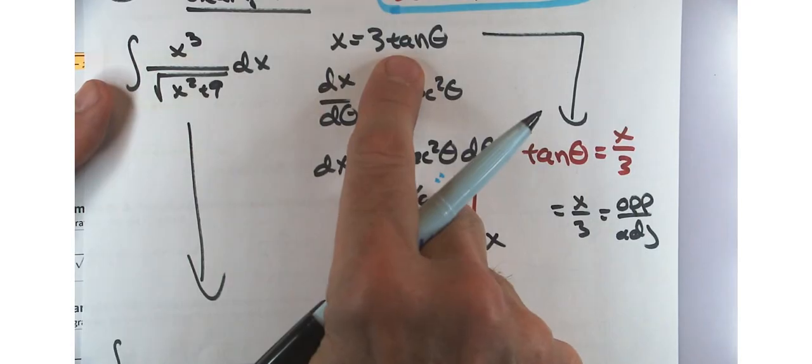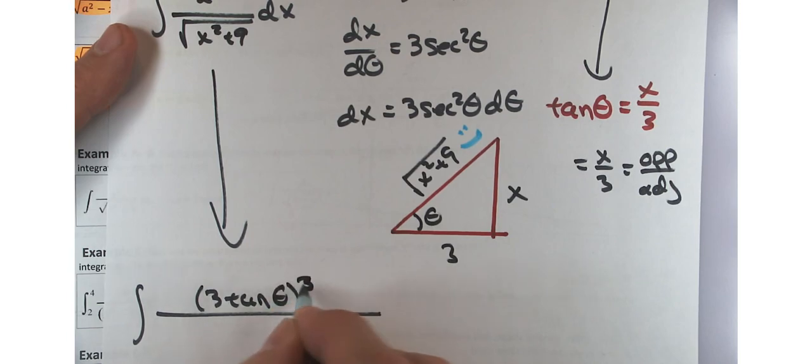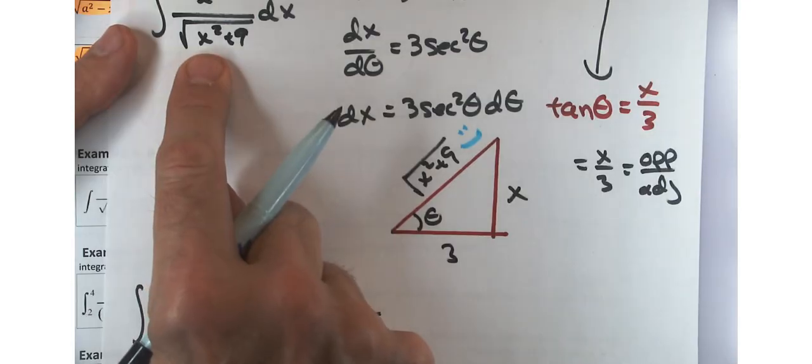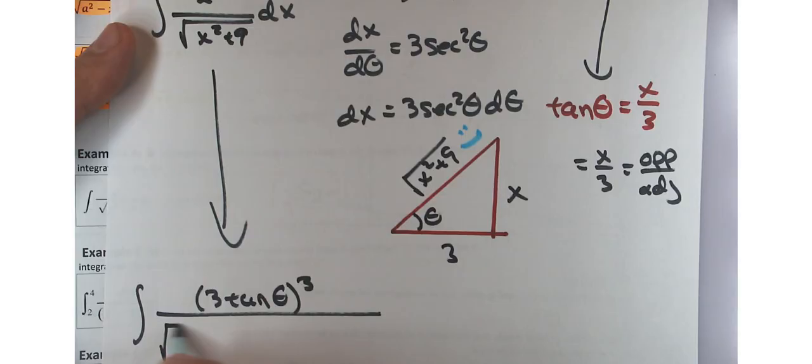x is now 3 tangent of theta. So it's going to be 3 tangent of theta cubed. And then over here, I'm going to have the square root of x squared.